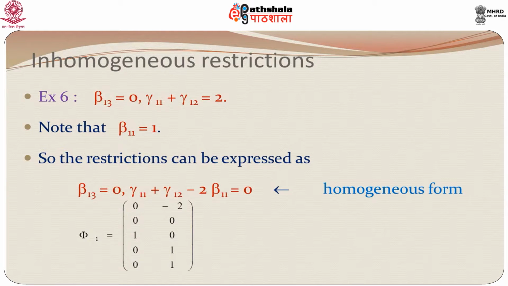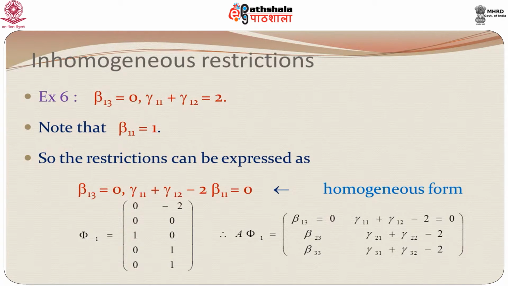So, multiplied with alpha 1, this gives us minus 2 beta 1 1 plus gamma 1 1 plus gamma 1 2 equal to 0. And we can similarly get A phi 1, which is again a 2 column matrix. It has 3 rows. The first row is always going to be 0 as before, and we can check for the rank and order condition.